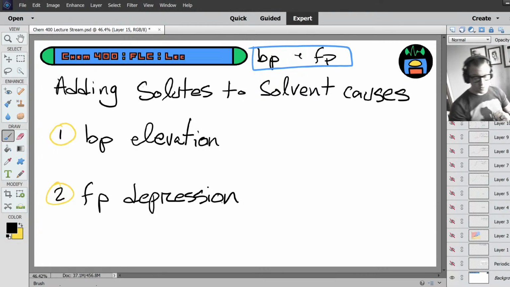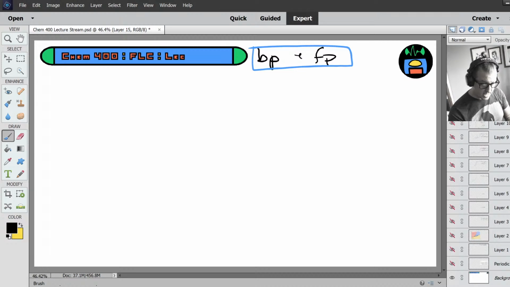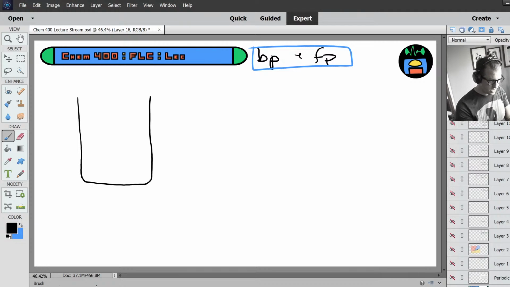And if you're wondering why, that explanation involves intermolecular forces. To understand this, you have to consider what intermolecular forces are active and present in a solution versus in a solvent.